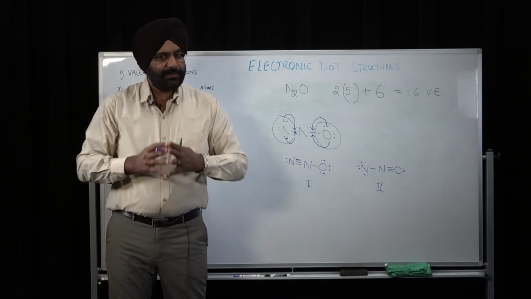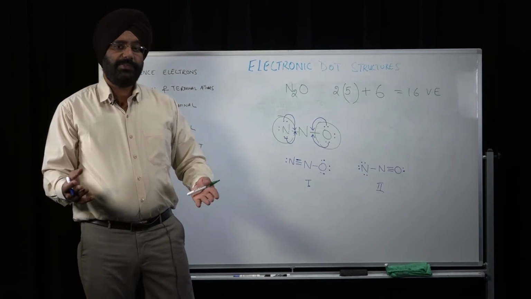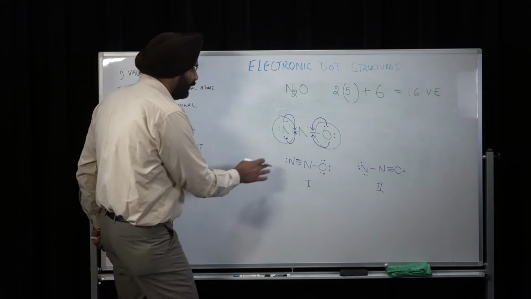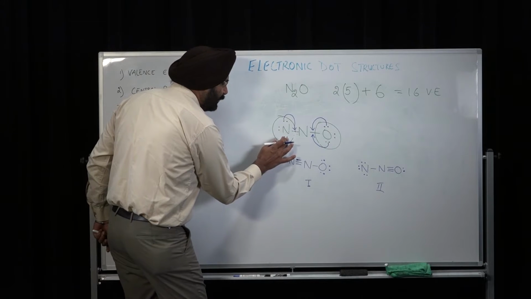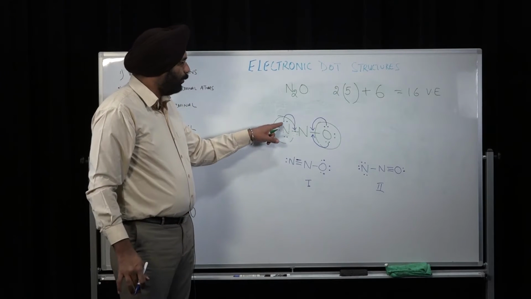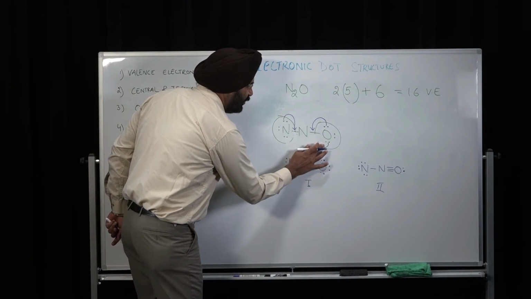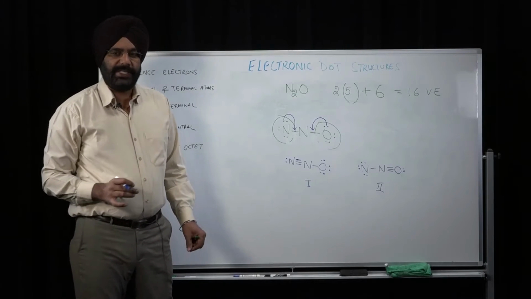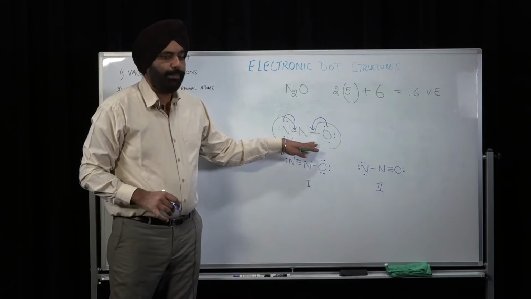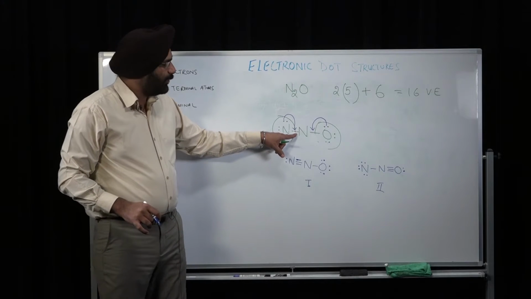Okay? Pretty much possible. But then, are these the only 2 possibilities? Is there any other possibility too? The answer is yes. What is that possibility? The possibility is that one lone pair on each of the terminal atoms gets converted into the bond pair. This lone pair comes in between these two nitrogen atoms.